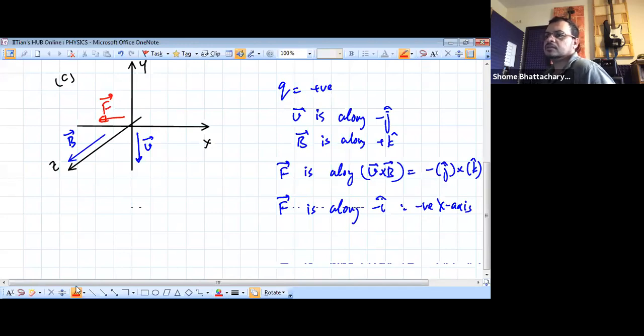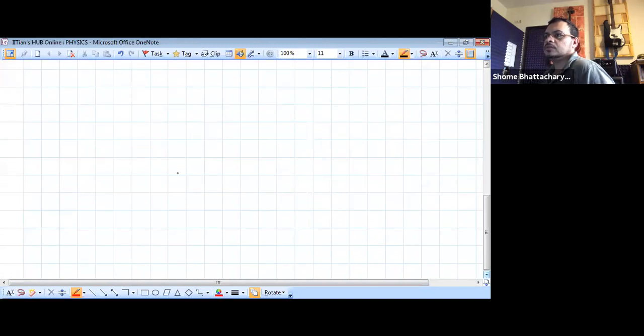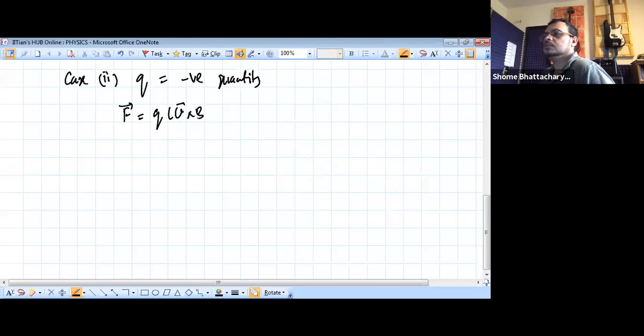But on the other hand, you also know that suppose you had q as negative, and F is equal to q into v cross B. So that means F is equal to a negative scalar multiplied with v cross B. तो इस केस में क्या हो जाएगा?